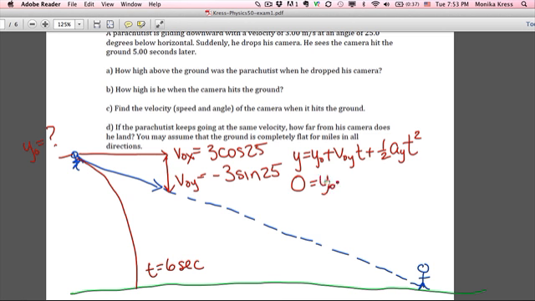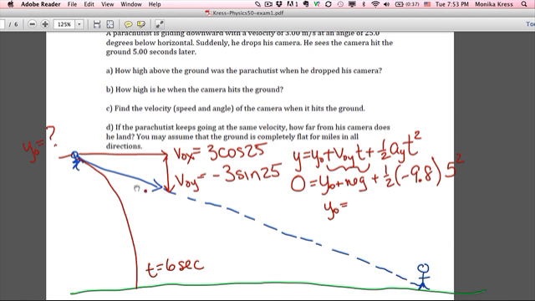We'd like to find out what that initial height is. This term is going to be negative, so this is negative whatever that came out to be. And then of course your a y is 9.8 meters per second squared, and it takes 5 seconds to hit the ground. Okay, so your y naught comes out to be something close to 200 meters high.